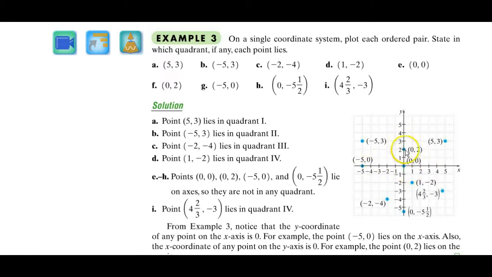So those in which the first coordinate is 0, we say these are on the y-axis. Where the first coordinate is a number, but the second coordinate is a 0, those are on the x-axis. And of course, the origin is on both. Okay? And I'll let you look over this and you'll be practicing that.